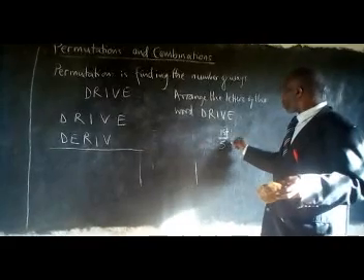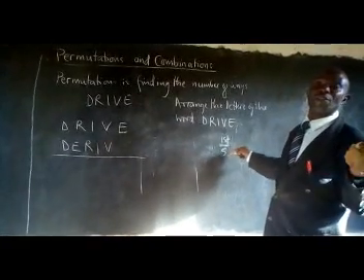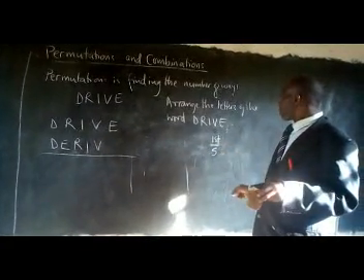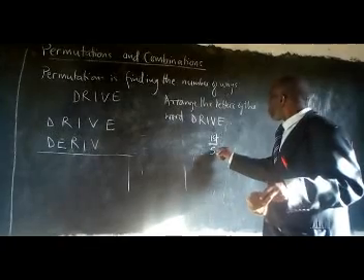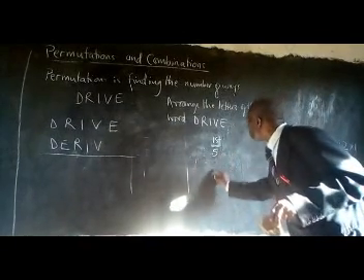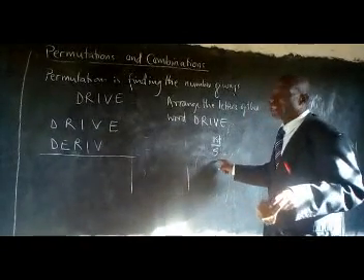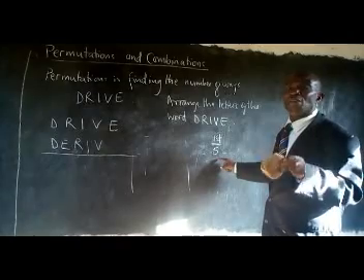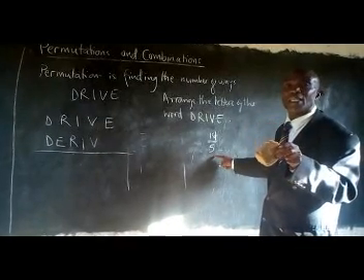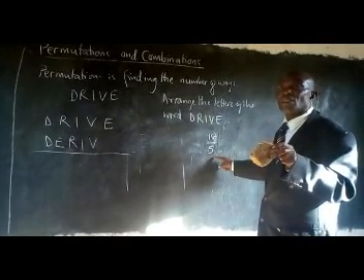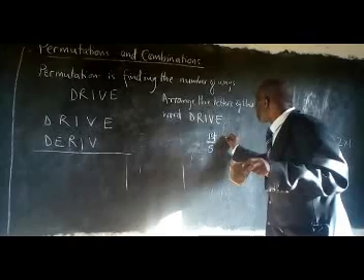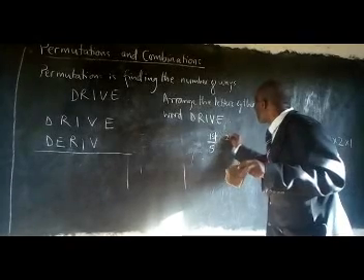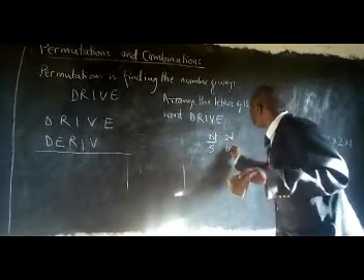Now, when we choose the first, there are remaining 4 letters. So, over the 5 possibilities of choosing the first one, we are now having 4 letters remaining. So, the number of ways of choosing the second letter are 4.